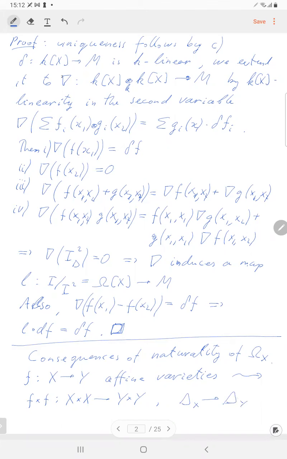So then the pullback of functions takes the diagonal ideal on Y to the diagonal ideal on X, and the squares also to squares.